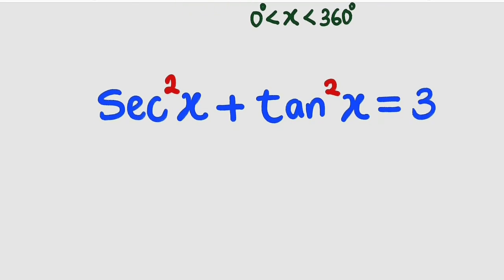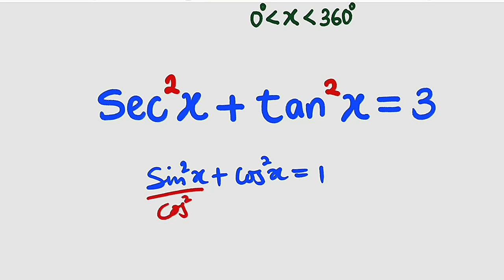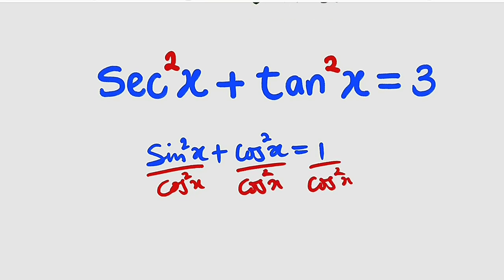Let's start from one famous identity which stated that sin²x plus cosine²x equal to 1, and from here we can divide every single term by cosine²x.